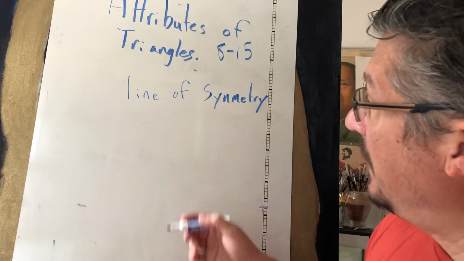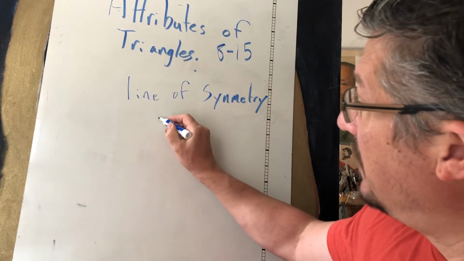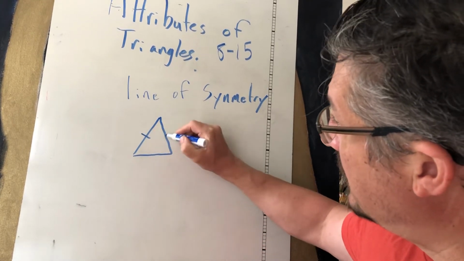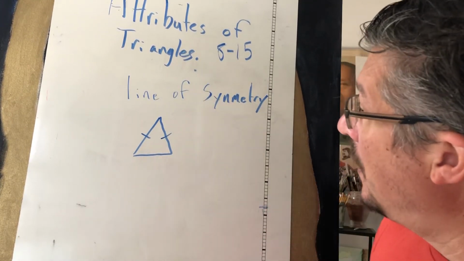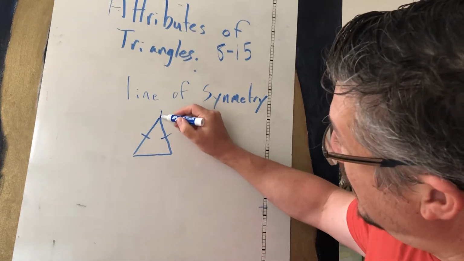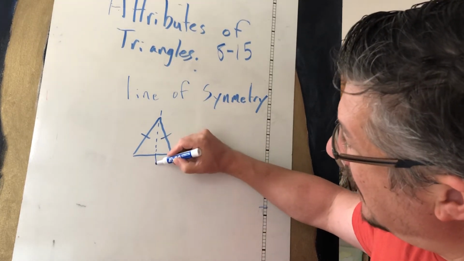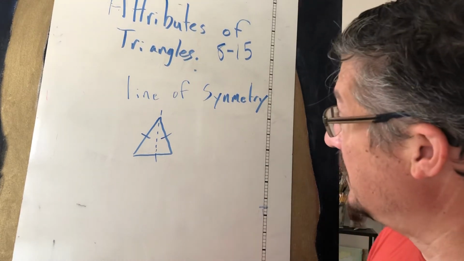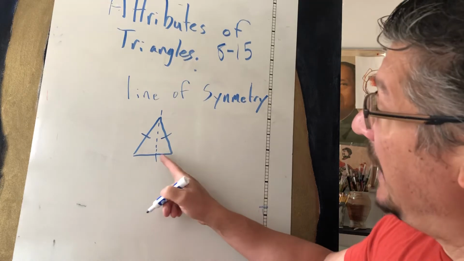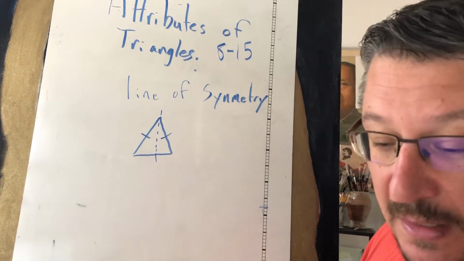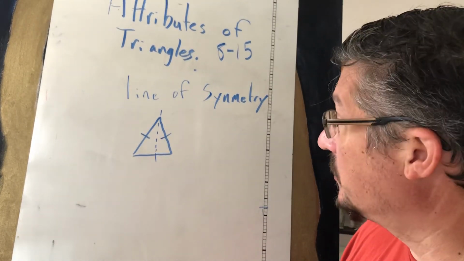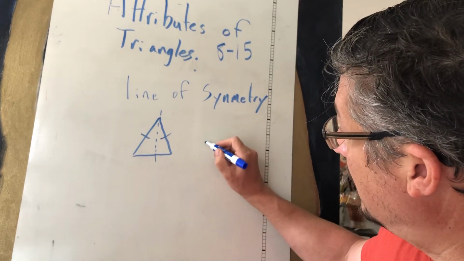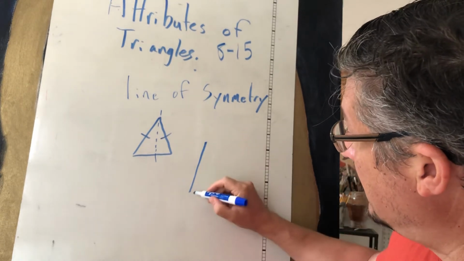All right, so an isosceles triangle is one with two sides that are the same. So this side would be the same as this side. Well, any triangle like that, we can cut in half, and this side will be equal to this side. My drawing's not perfect, obviously. I'm freehanding it. So it would not be possible to draw an isosceles triangle without one. Let's try another one.